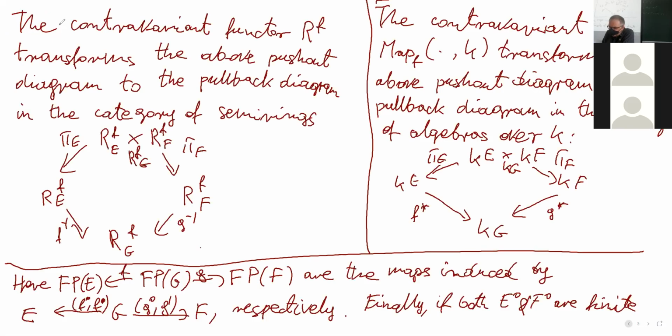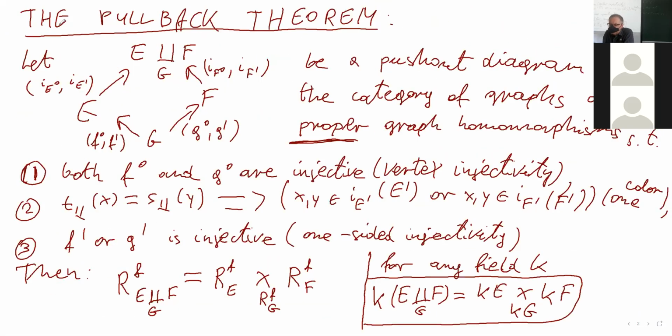This is a little bit tricky, because when I write let blah, blah, blah be a push-out diagram, well, I'm forcing it to be a push-out diagram. So a priori, this might be an additional assumption, like assumption 0, in addition to assumptions 1, 2, 3. But we had this beautiful lemma, the one injective lemma, that allowed us to prove that, well, if our input maps in the category are proper, so they are finite one, and at least one of these morphisms is injective, then this push-out is automatically in the category of graphs and proper graph homomorphisms. Okay, so that's the first statement.